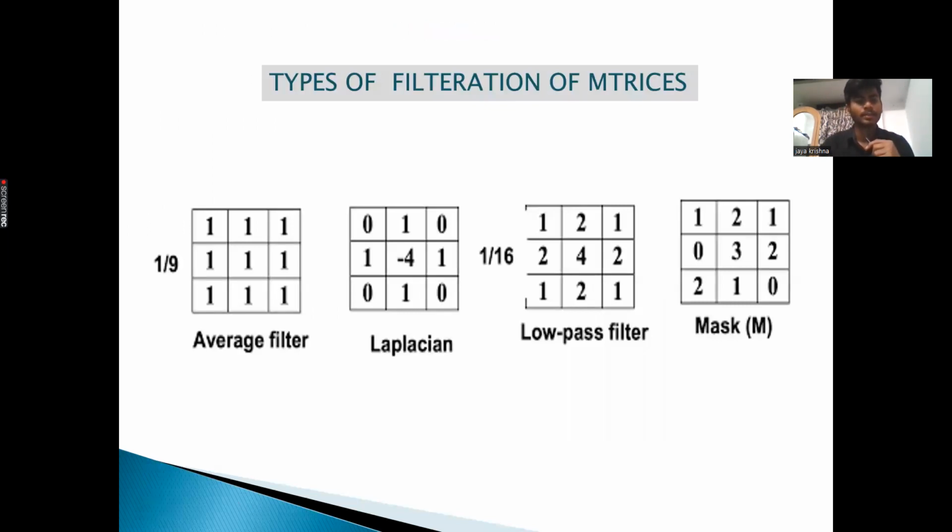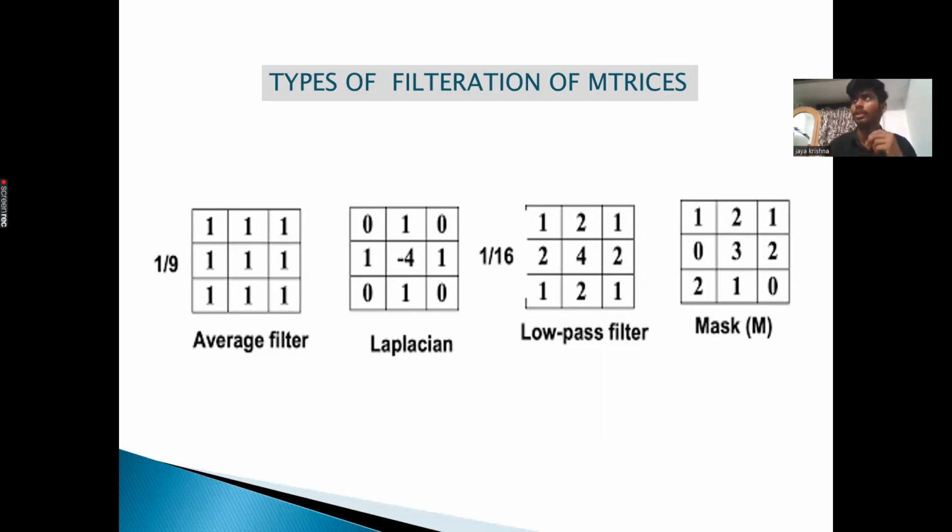There are four types of filter matrices: average filter matrices, Laplacian filter matrices, low pass filter matrices, and mask filter matrices. Average filter matrices are unique, all the same, like the identity matrices: one, one, one, one, one, one, one, one, one.